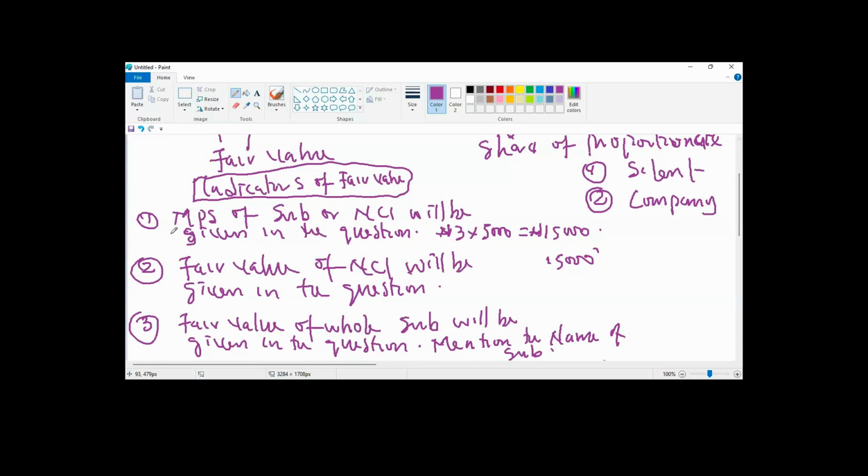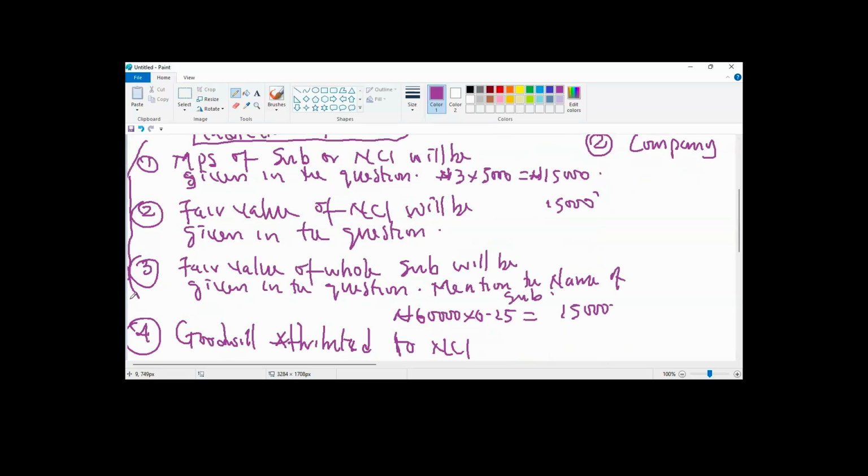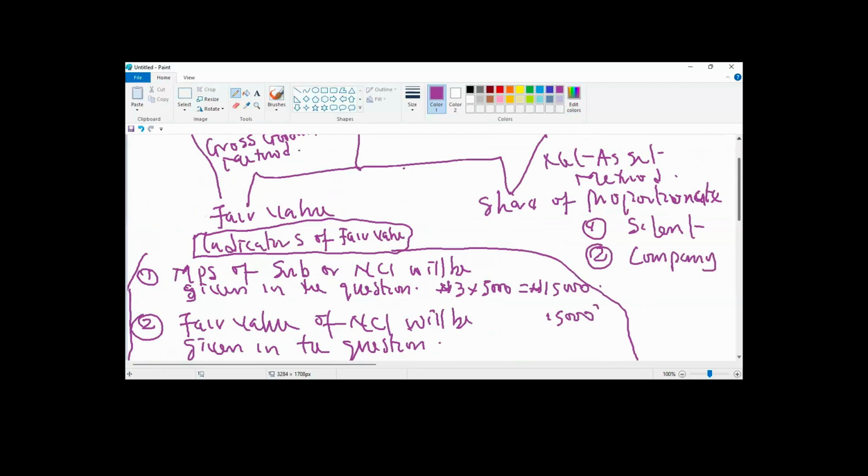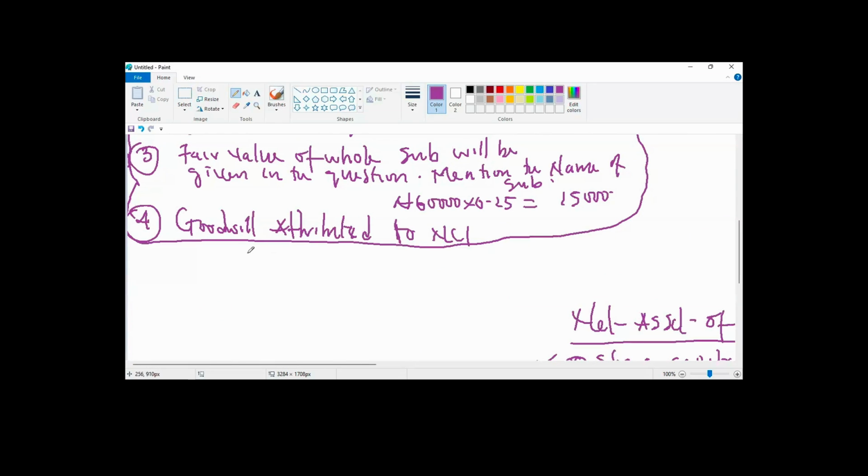Any goodwill I have derived using the fair value method belongs to both the parent and NCI. That is it.